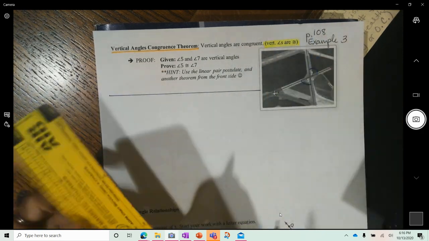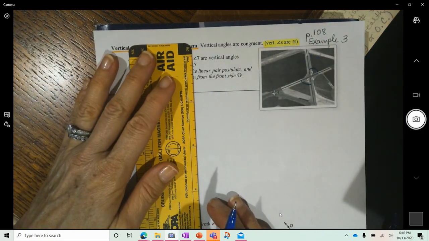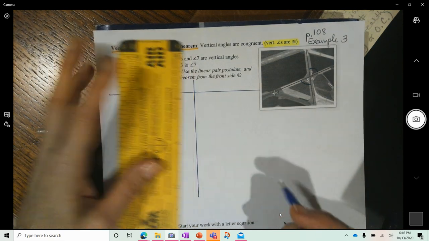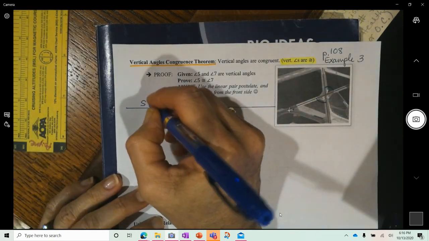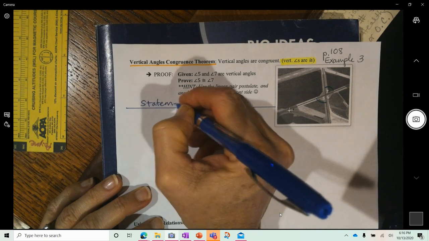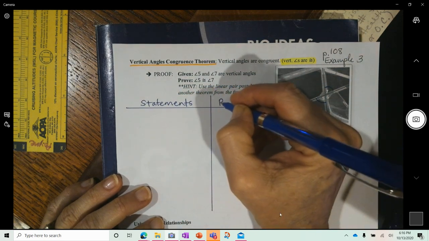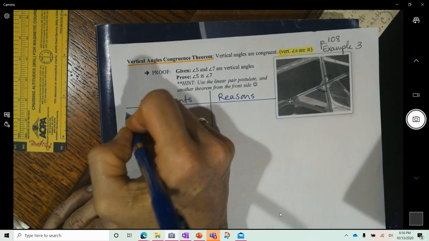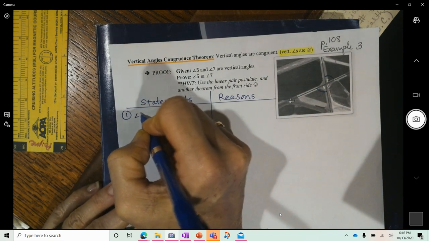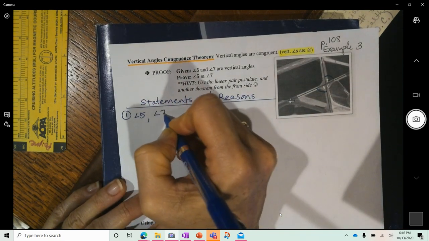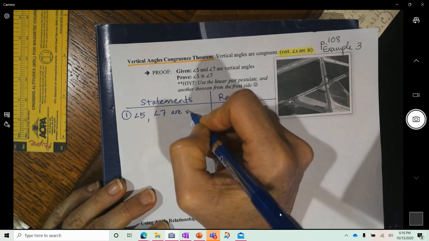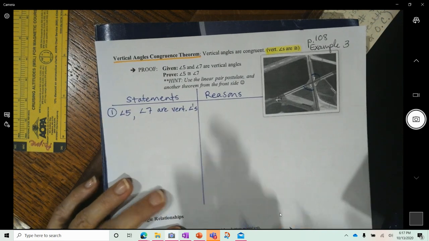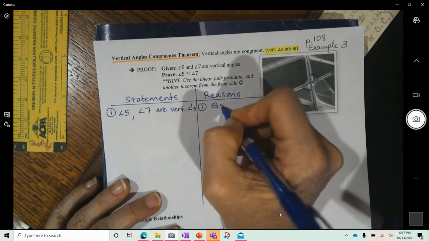But in these notes, really what I want you to try to be figuring out is, what would you do next? So here's statements. Here's reasons. So number 1, angle 5, angle 7, and you just say are vertical angles. You can just say that because that was given to you.